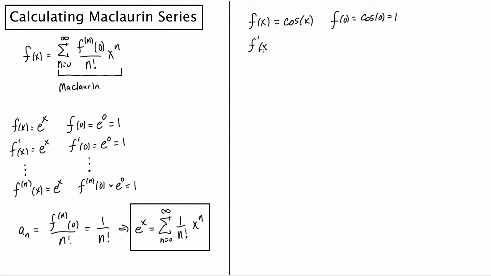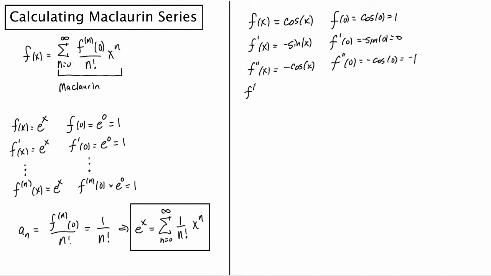Similarly, if I look at the derivative here, I get minus sine of x, and the derivative at 0 would be minus sine of 0, which is 0. Keep going until we recognize a pattern. Minus cosine is the second derivative of cosine, and so we get minus cosine of 0, which is negative 1.